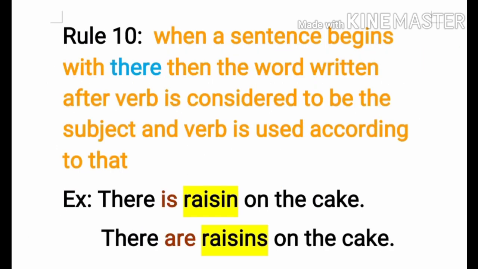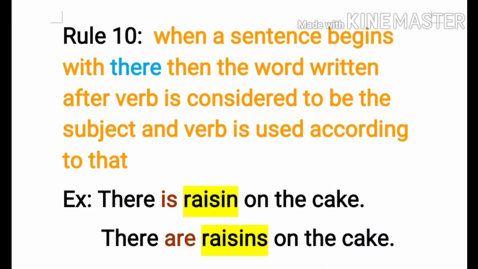Rule 10 says when a sentence begins with there, the word written after the verb is considered to be the subject and the verb is used according to that. Whenever a sentence begins with there, we will see which word is written after the verb, and that word will be the subject.